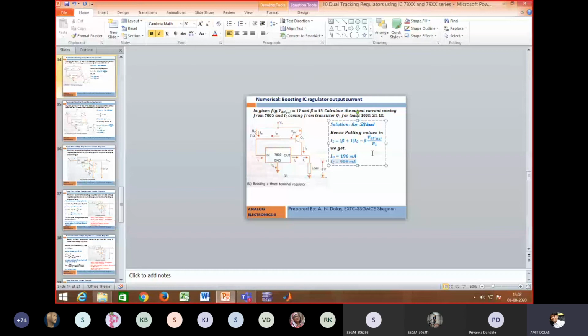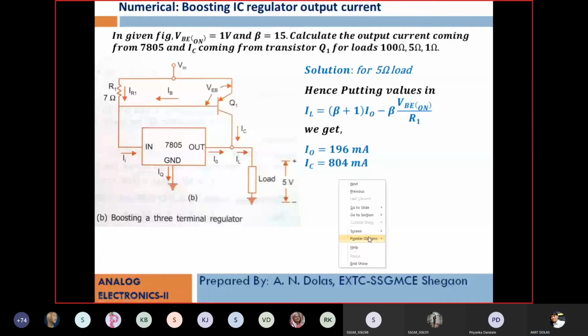So in this way we can calculate the value of the current coming from the IC, that is I0, which is subtracted from the total current demanded by the load, and we get the value of the collector current passing through the transistor, and the transistor of course is in on state.